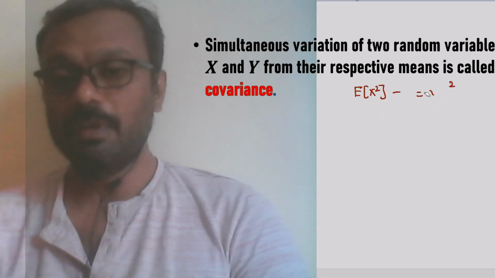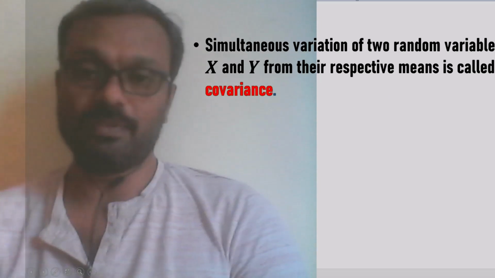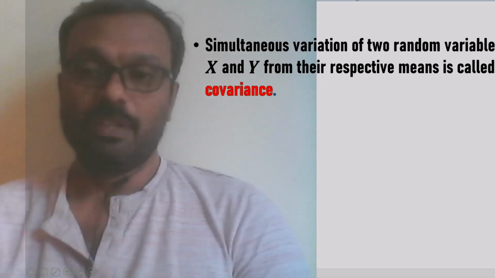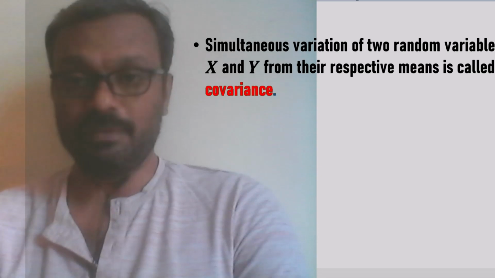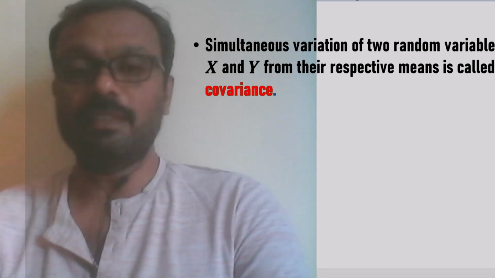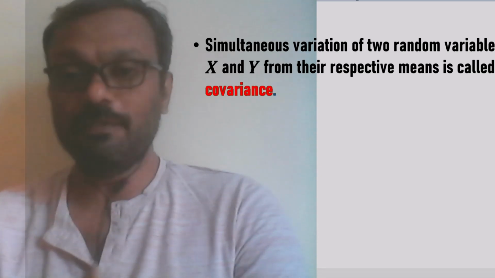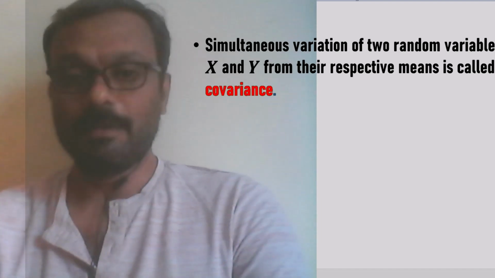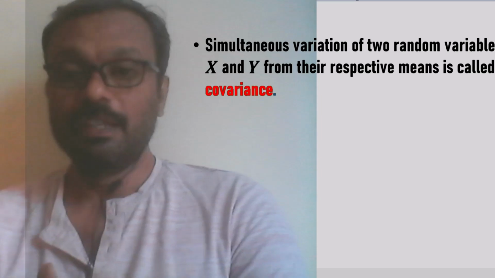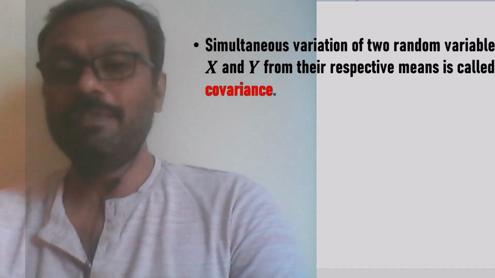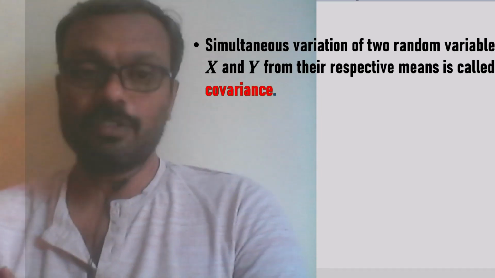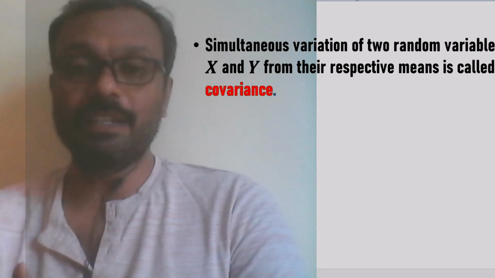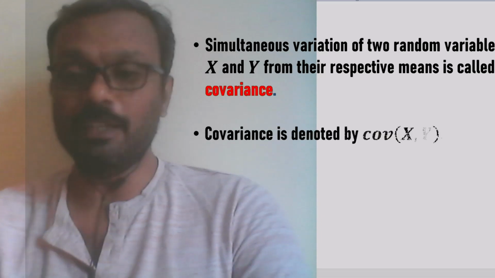Now we'll be discussing the covariance. A two-dimensional random variable is nothing but two different random variables defined on the same sample space. So how a two-dimensional random variable deviates from their respective means. That is how far x deviates from its mean, that is E of x, and how far y deviates from its mean, that is E of y.